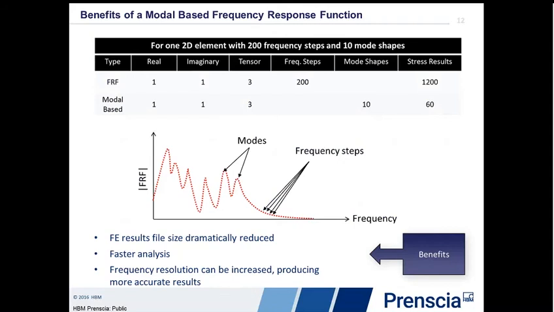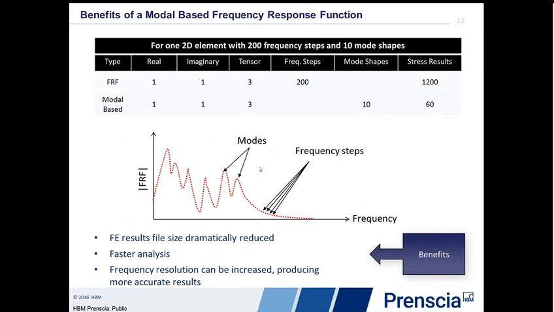If I were to take the direct route, at every one of those 200 steps I would have saved a complete set of stresses for my model, both real and imaginary. If I take the modal superposition route, and I have 10 modes in my structure, all I have to capture are the real modal stresses for those 10 modes.